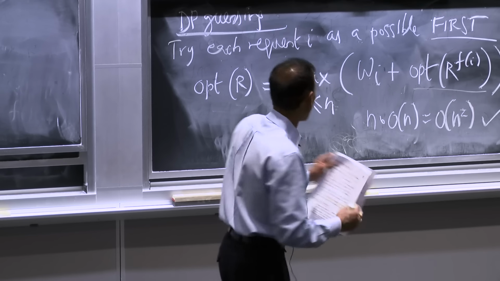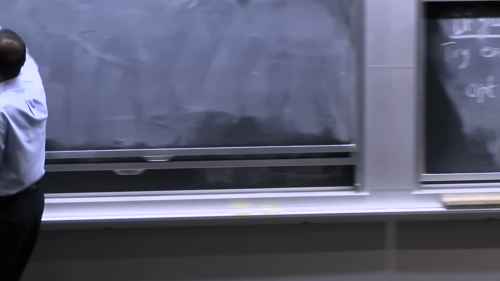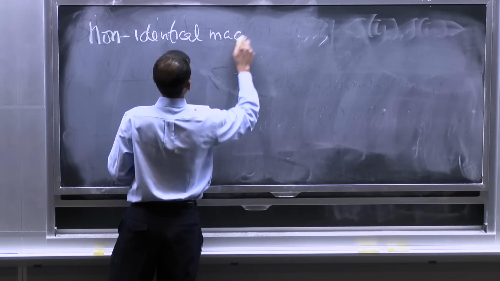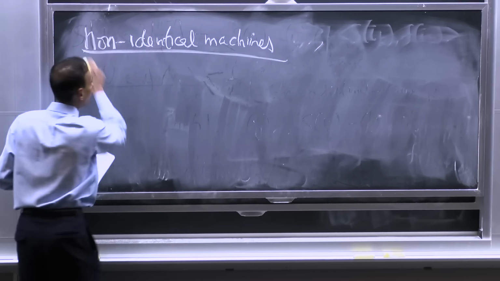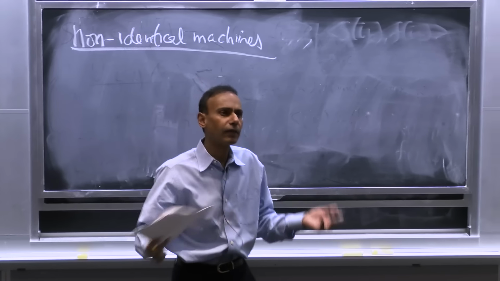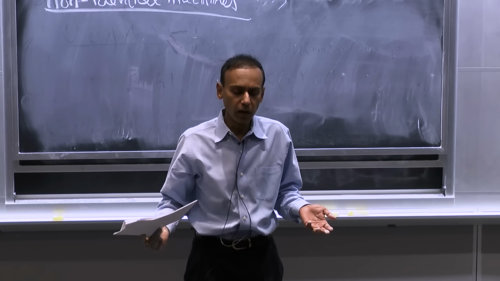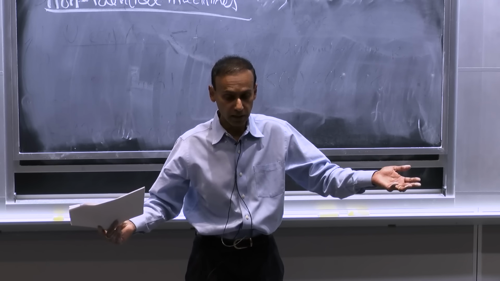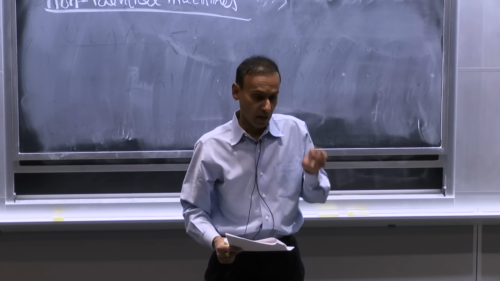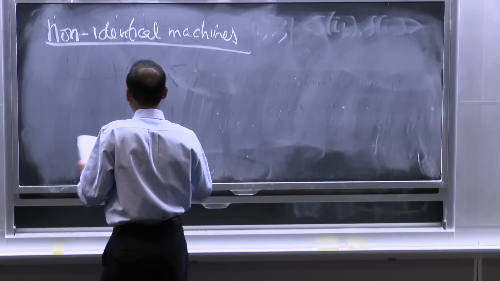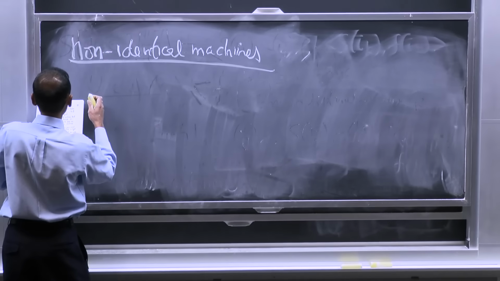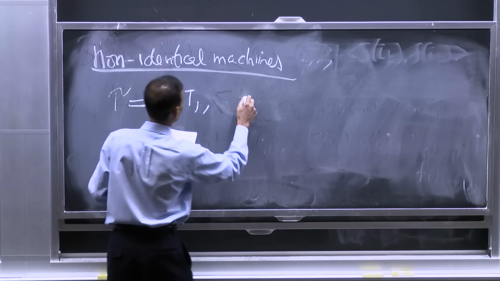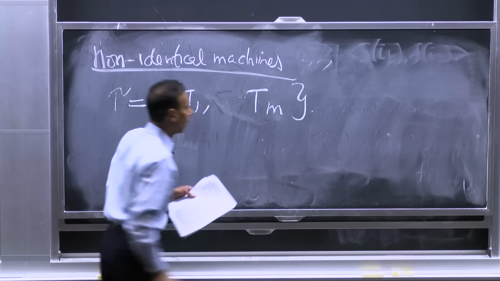Let's make one reasonable change to this, which is to say that we may have multiple resources and they may be non-identical. So it turns out everything that we've done extrapolates very well to identical machines, even though there's many identical machines. But if you have non-identical machines, what that means is you have resources or machines that have different types. So maybe your machines are T1 to TM, okay?